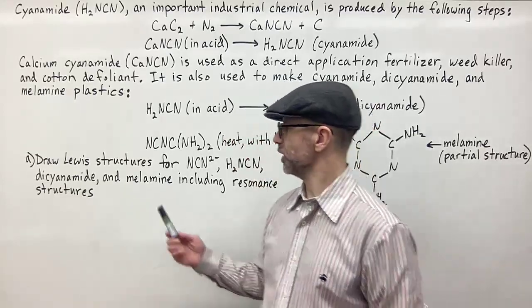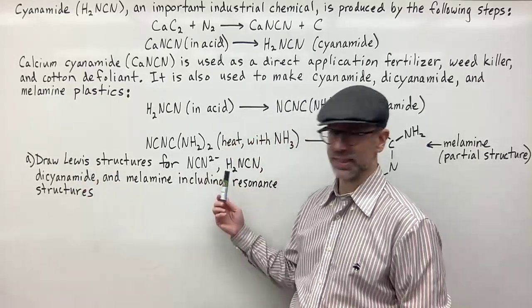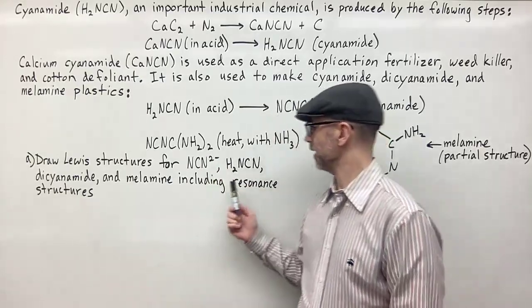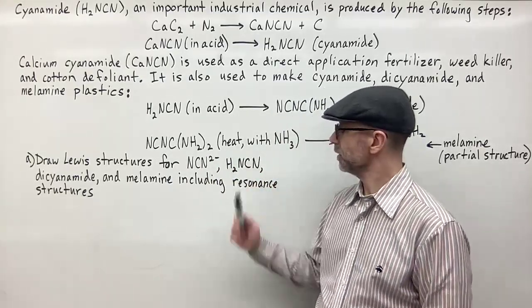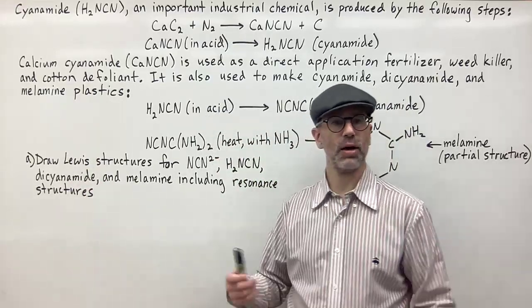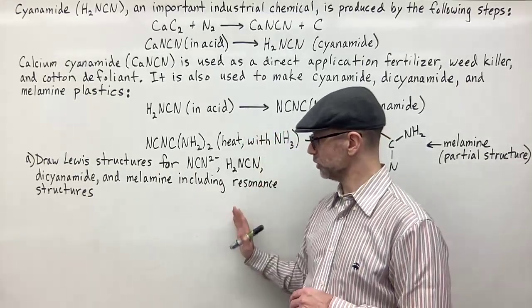The first question is draw Lewis structures for NCN2-. That's the anion of calcium cyanamide. Then also cyanamide and dicyanamide and melamine. So I'm going to write out the Lewis dot structures along with their resonance structures.